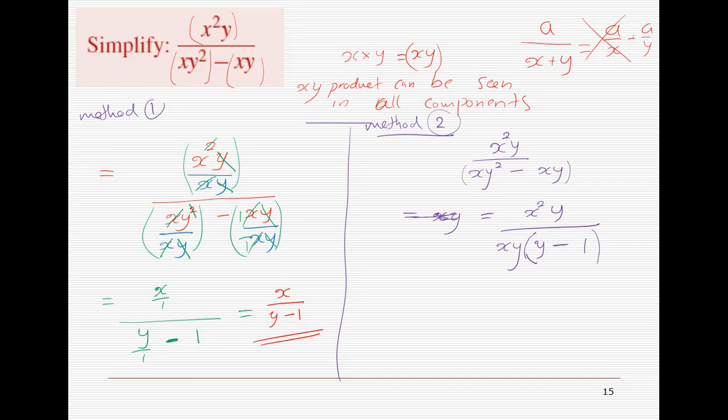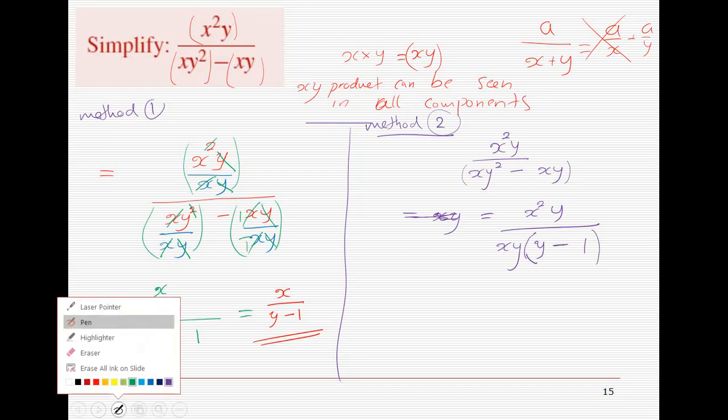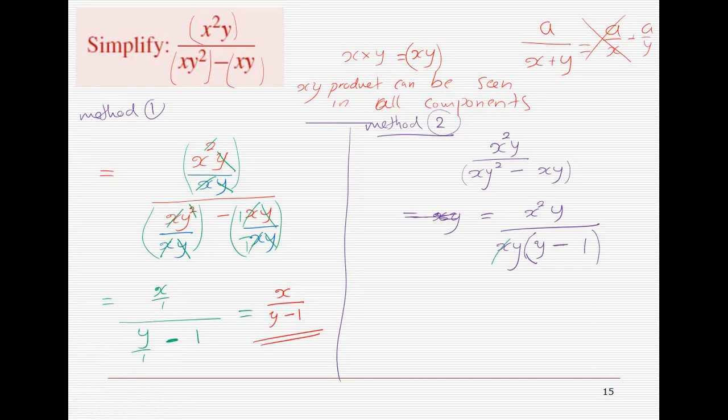Close the brackets. Since you have a multiplication sign here, we can do the ordinary cancellation. So this x cancels with the x here, this y cancels with this y here. What comes at the end of this simplification is just x divided by y minus 1 remaining, right? So this is another method of doing it. This is another good example of applying the index laws and some short simplification methods.